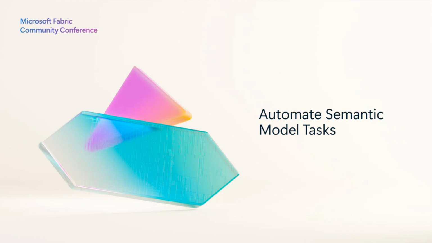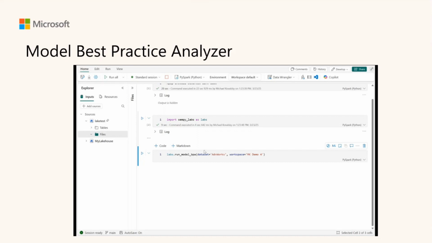And hopefully now, as we start to go into a bit more of these walkthroughs, it'll make more sense. Before I play this one, is anyone familiar with Tabular Editor? Hopefully there's a few people that have used it. Are you familiar with Best Practice Analyzer?